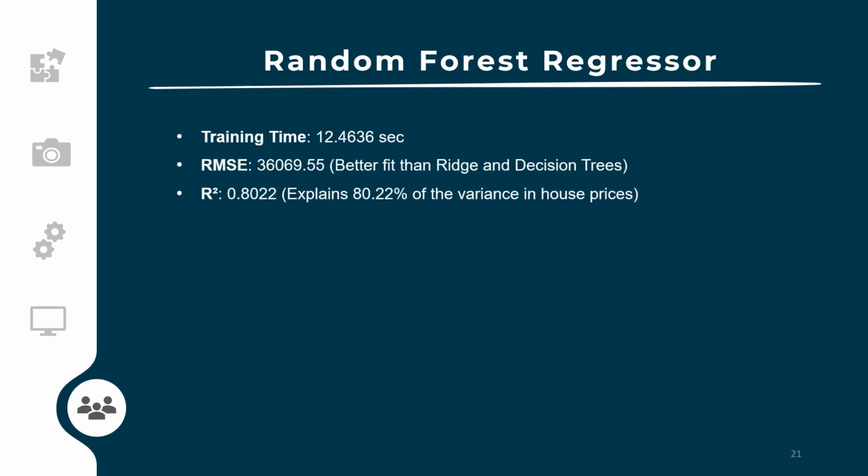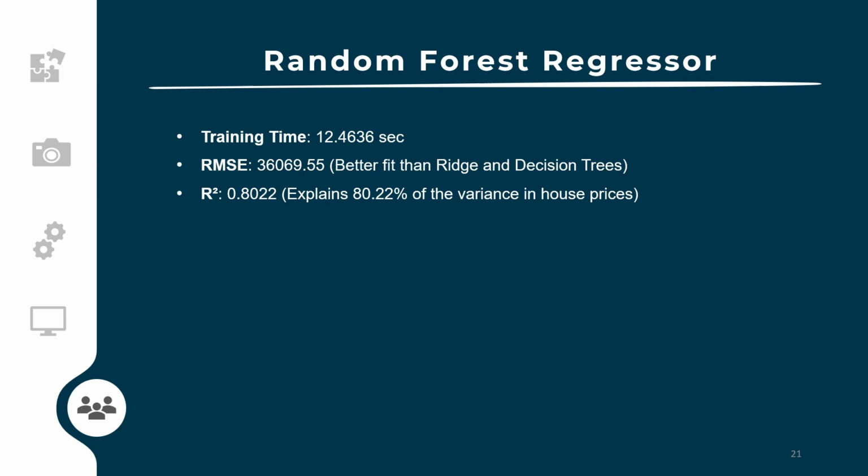Coming to the evaluation of the random forest regressor, it has been evaluated on two different parameters: RMSE and the R-squared value. The RMSE of this model is 36,069.55, which measures the average magnitude of the prediction error, which is a better fit than the ridge and the decision tree models which we have stated earlier. The R-squared of this model is 0.8022, meaning the model explains 80.22% of the variance in the target variable.